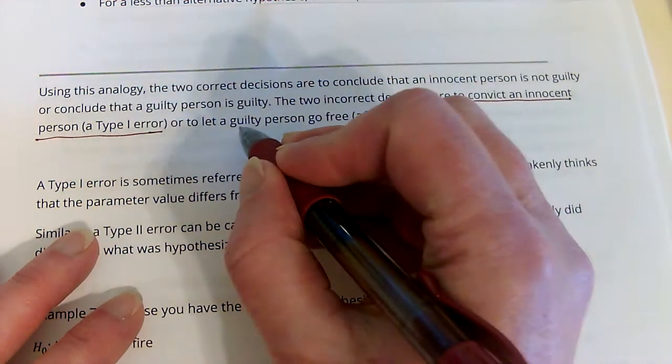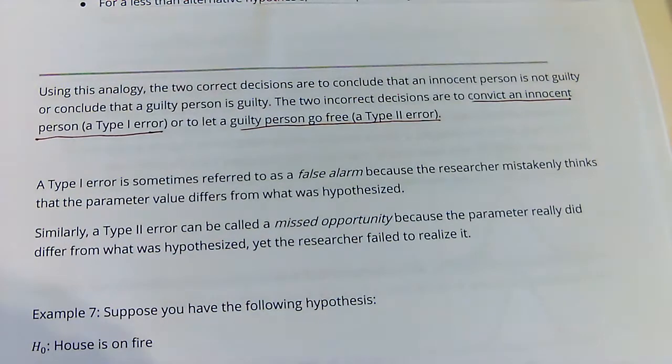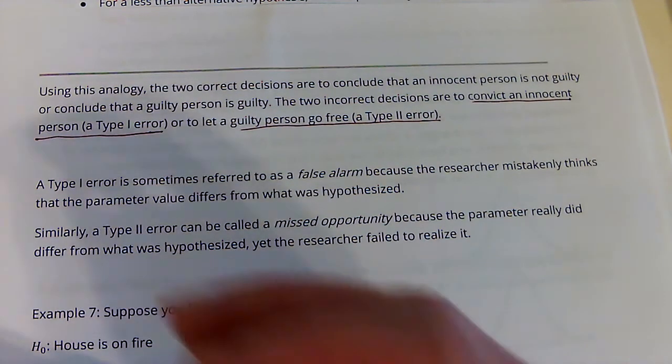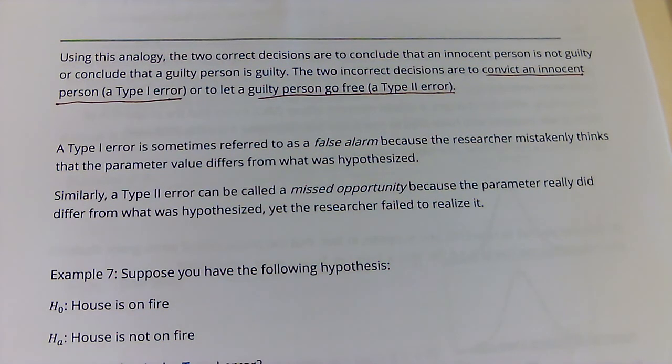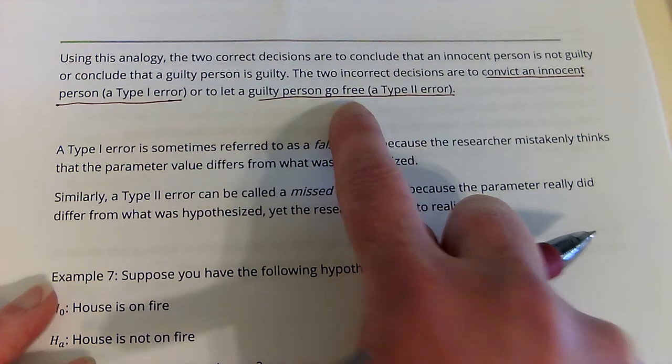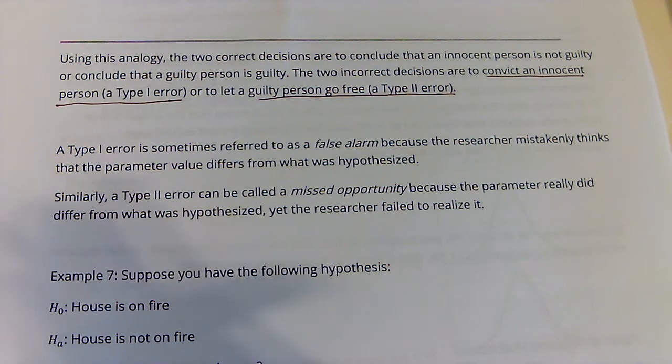Now, if we let the guilty person go free, that's a type 2 error. A type 1 error is sometimes referred to as a false alarm because the researcher mistakenly thinks that the parameter value differs from what was hypothesized. Similarly, a type 2 error can be called a missed opportunity. We didn't have enough data, and we failed to realize that we did have the data to convict that person.